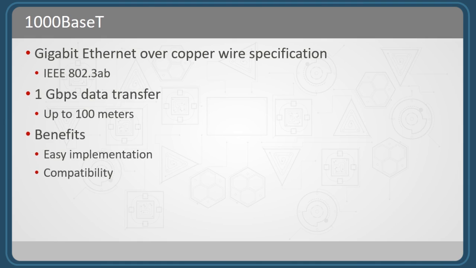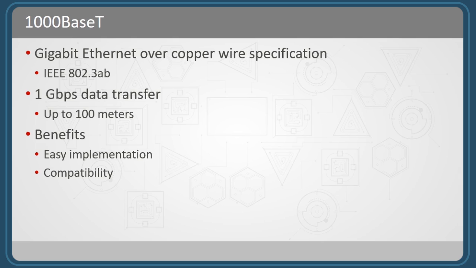But the benefits, it was easy to implement and it was entirely compatible with older networks, so you could still actually have both. Now, you would only get gigabit transfer rates over the sections that had equipment that supported it, but you would still get the benefit over the backbone, if you will.